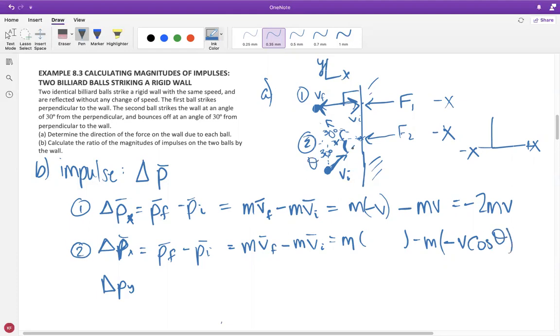All right, and then for our final, it's going to be again adjacent, right, over the final. So it'll be, again, a minus V cosine theta, okay?